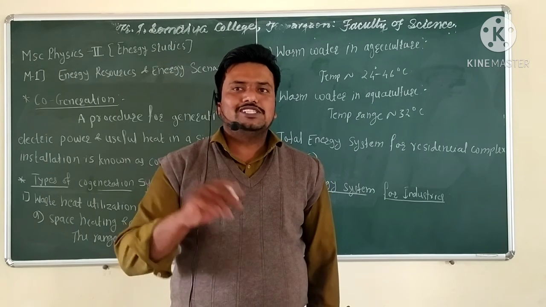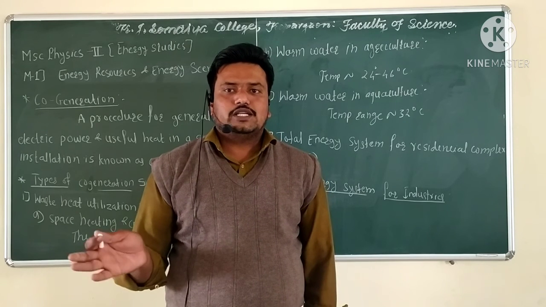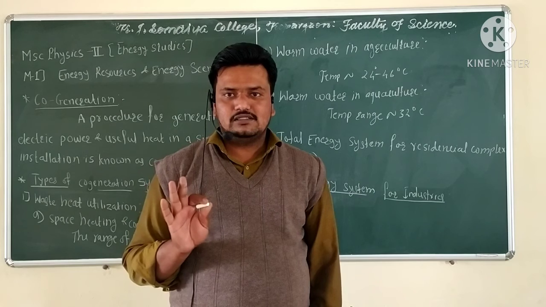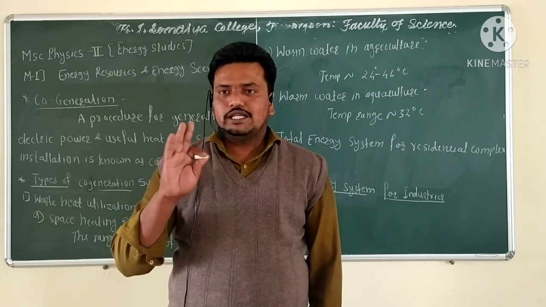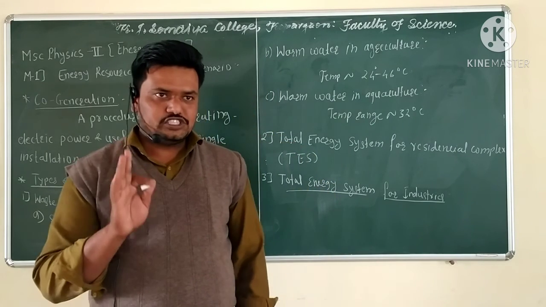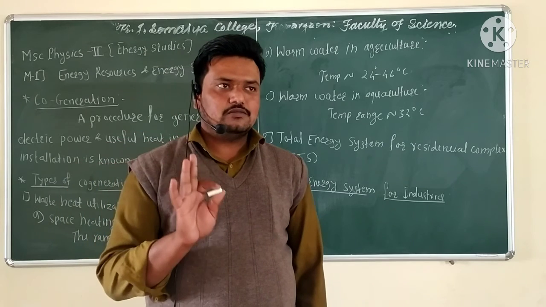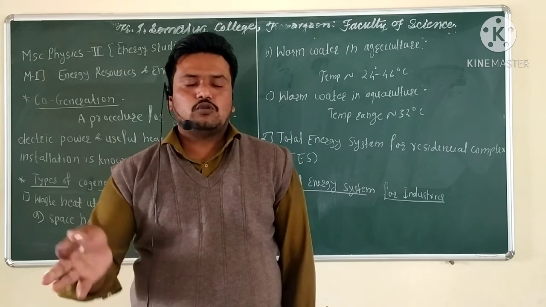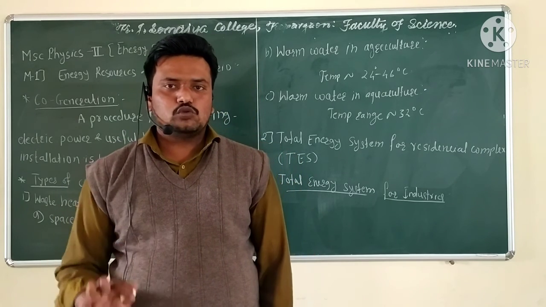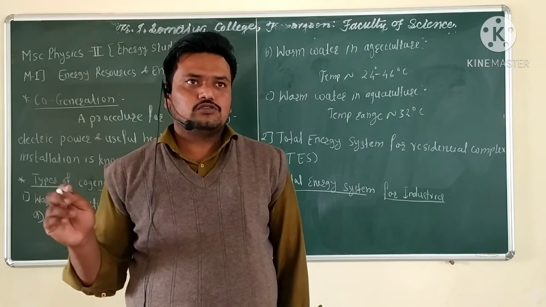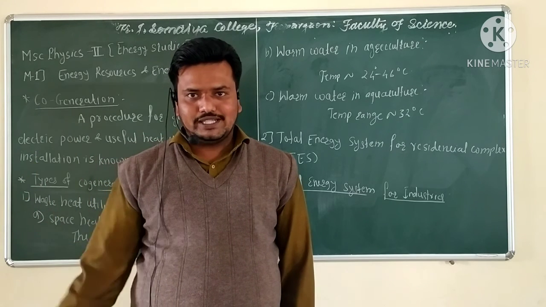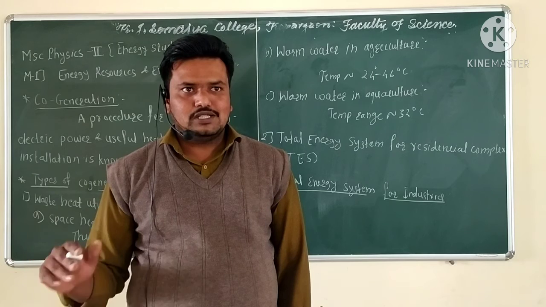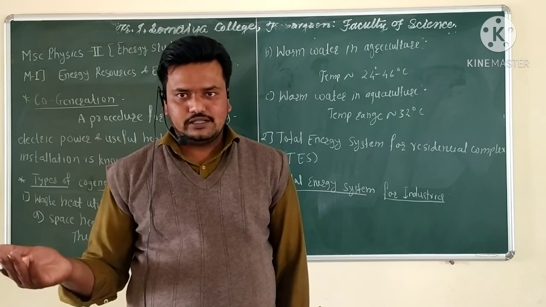So up to this point, your first module, the energy resources and energy scenario, is complete. To summarize this chapter, we studied starting from the main types of classification of energy, like primary energy and secondary energy.